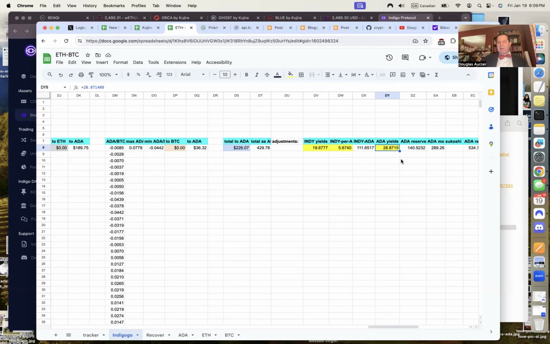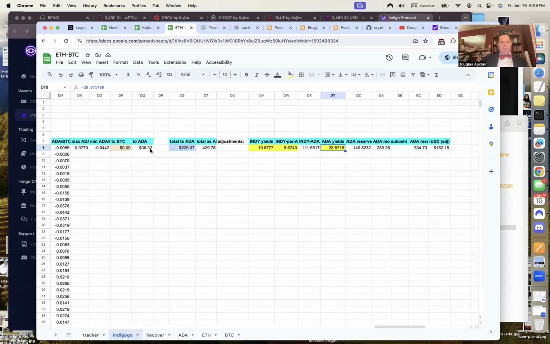And that's how much ADA I have. So this much ADA I want to buy, this much ADA I got from Indigo, this much ADA I got from yields. So I want to get another 289 ADA, which will bring my reserve up to 530 ADA.